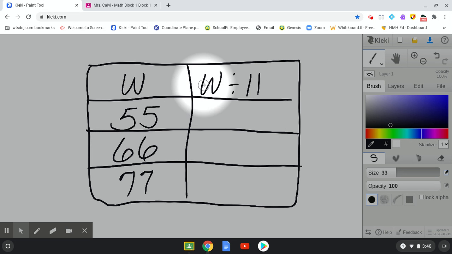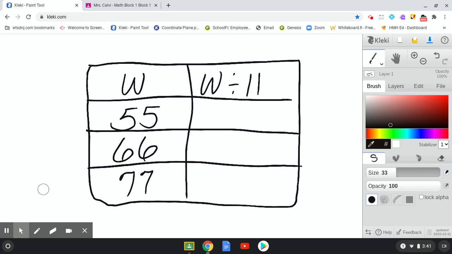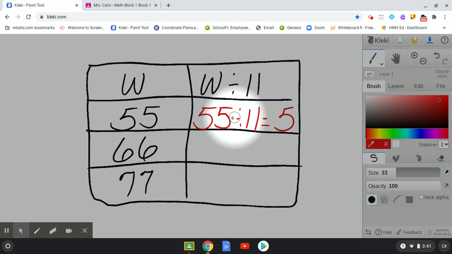So for example, if I plug in 55 for w and divide that by 11, that would give me an answer of 5. So I evaluated the algebraic expression after I plugged in the 55 to get an answer of 5.